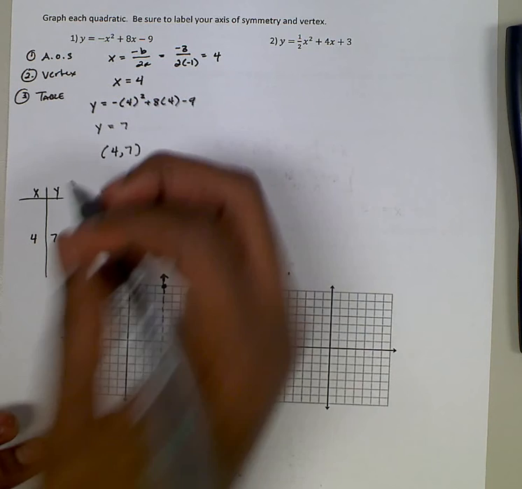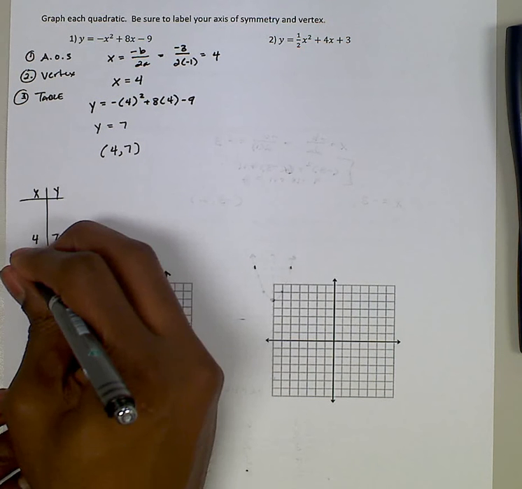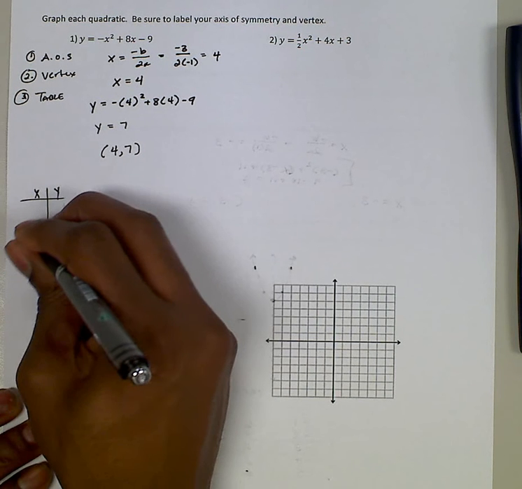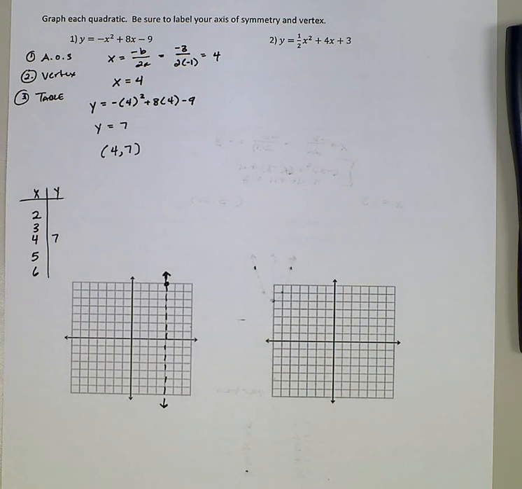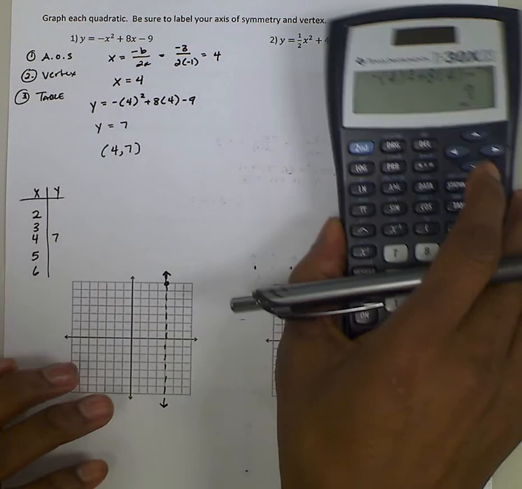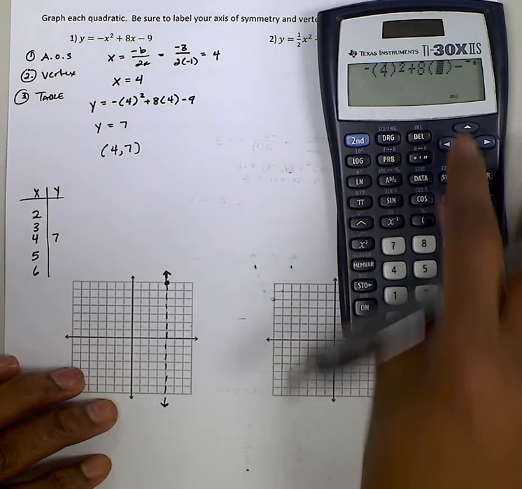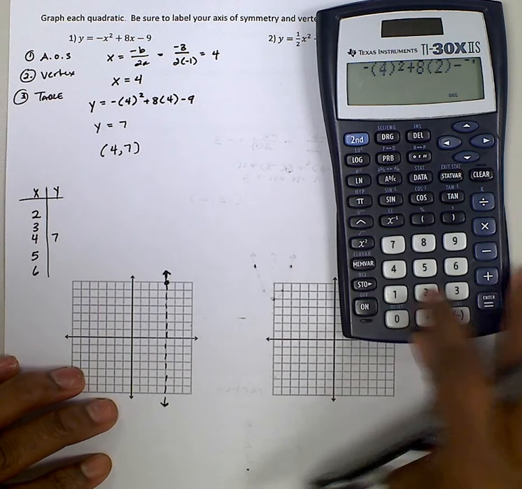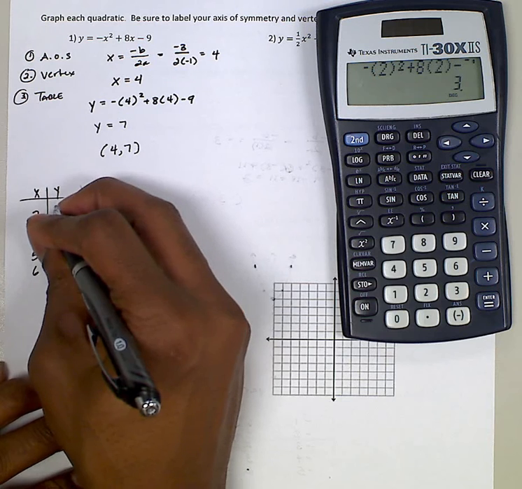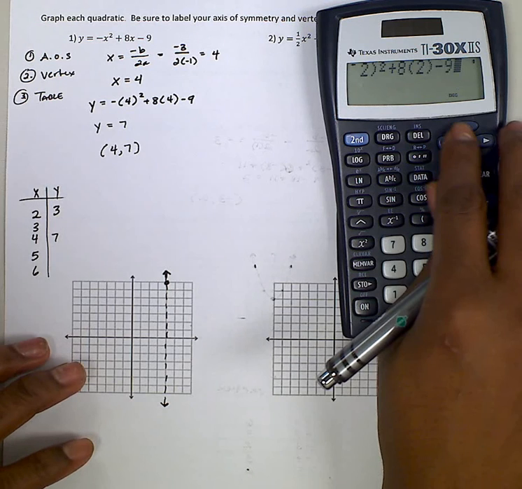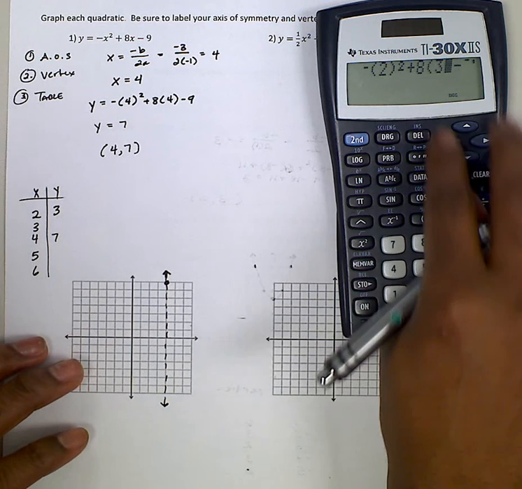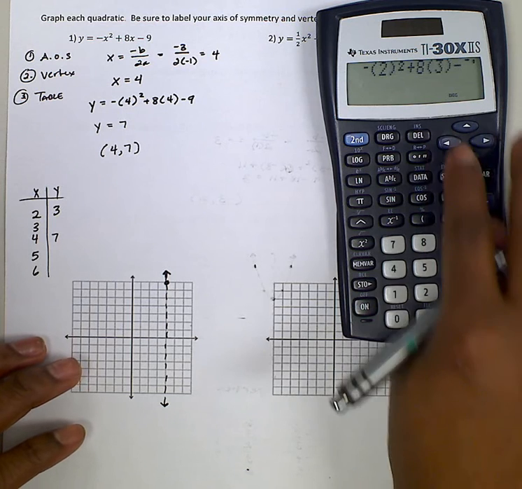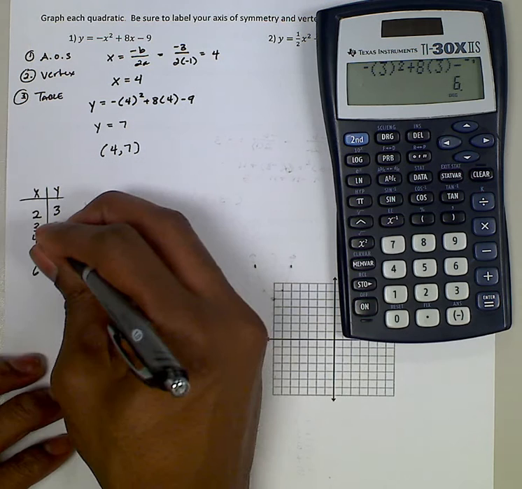I'm going to choose numbers around there, so 5 and 6 and 3 and 2. And then I'll plug those values in to get my other values. So I'll start with 2. Plug 2 in every time I plugged 4. When x is 2, y is 3. Type in 3. When x is 3, y is 6.